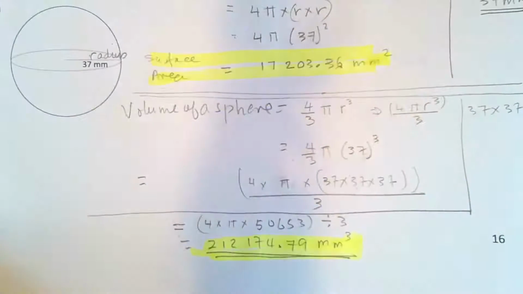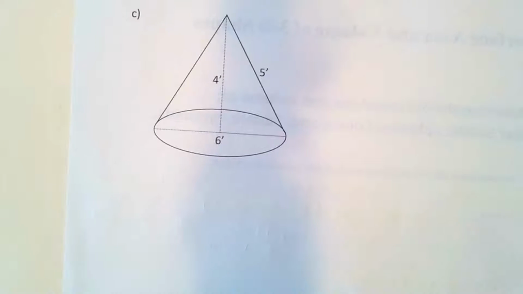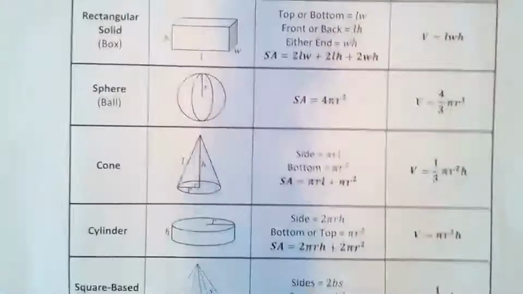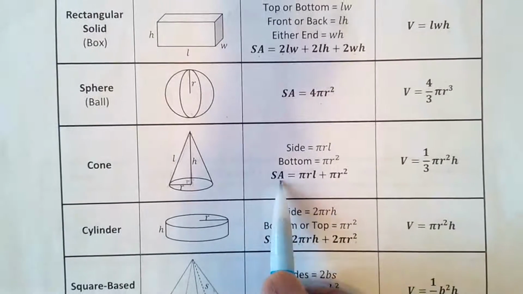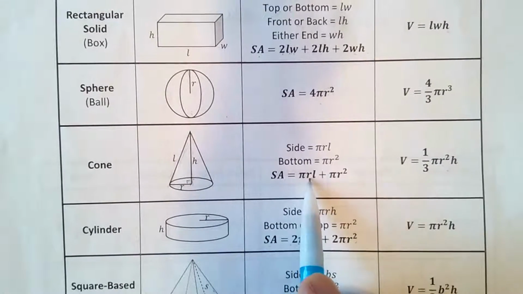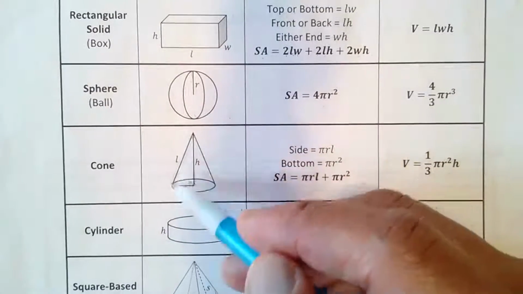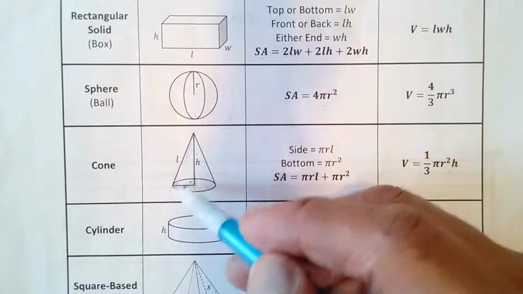Let's look at the surface area and volume of a cone. Now, if you look at the surface of a cone, it is pi r times L. The L refers to the slant on the side of the cone here.